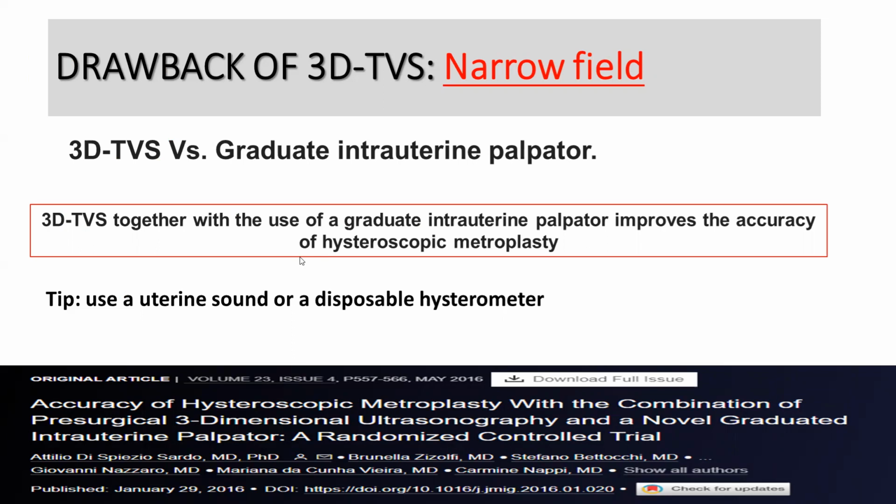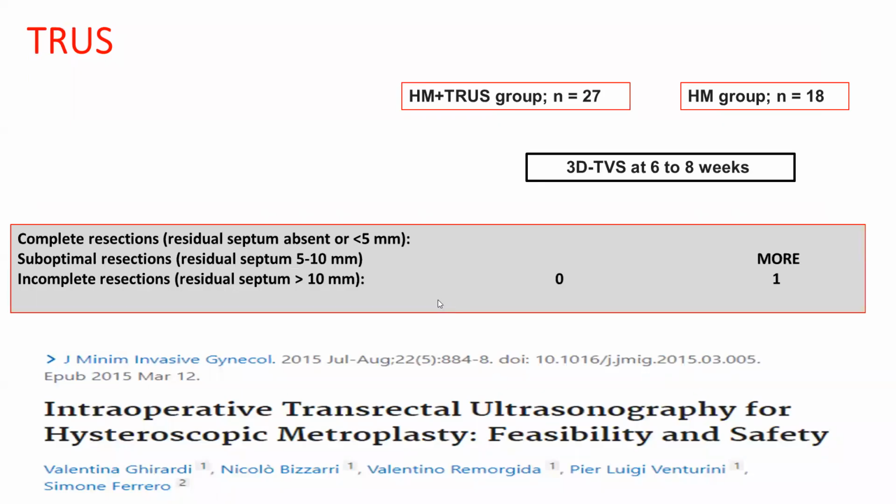And some studies use graduated intrauterine palpator with ultrasound or versus 3D, and found it is a simple approach, and actually you can use uterine sound to check the length of the cavity and the remaining part of septum, or a disposable hysterometer.